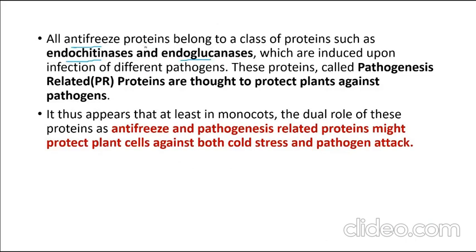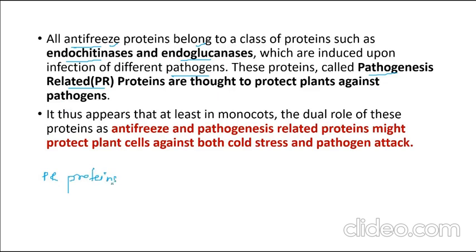These endochitinases and glucanases are produced in response to different pathogens. These two classes of proteins are produced to fight the pathogens. These proteins are grouped under pathogenesis related proteins known as PR proteins.